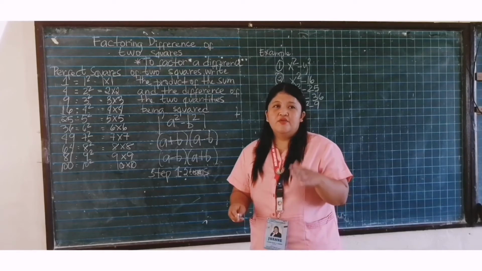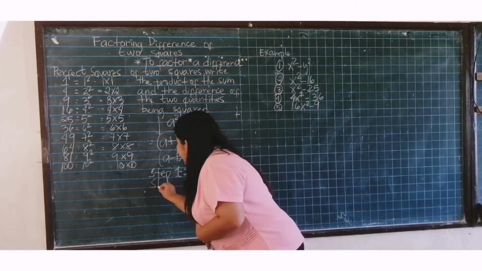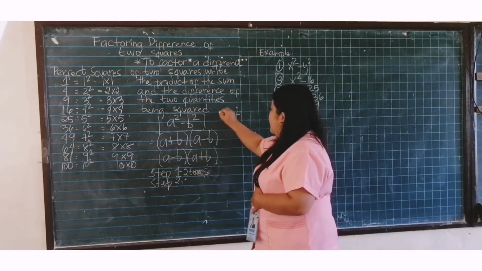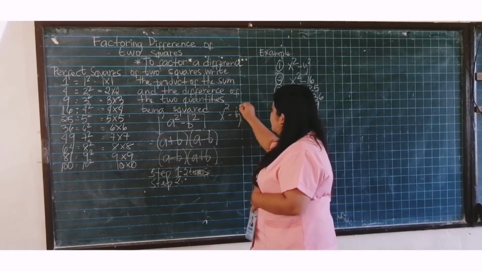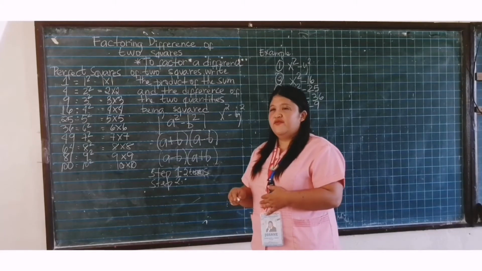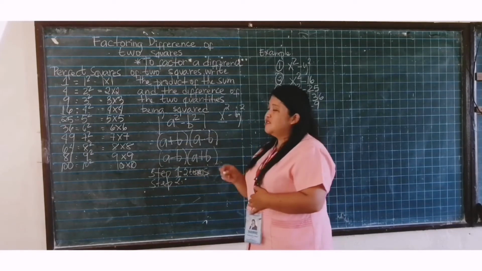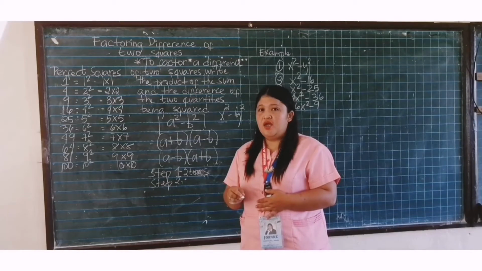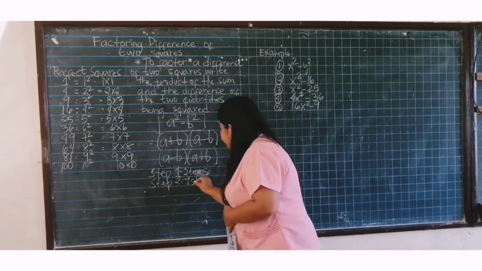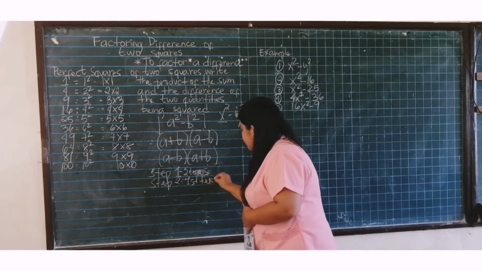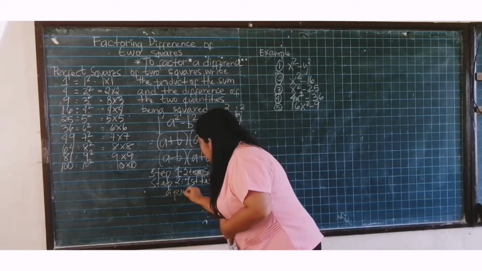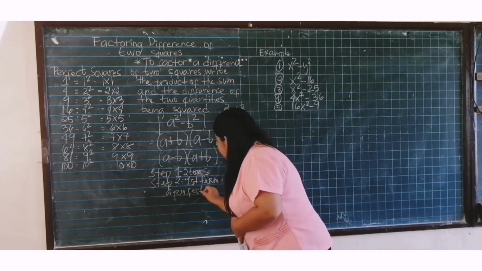Next, we need to identify: does our example x squared minus y squared have a perfect square in the first term? Is x squared a perfect square? Yes. So, our first term is a perfect square.